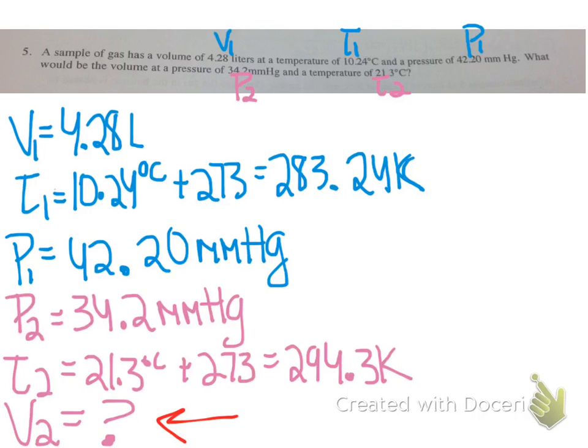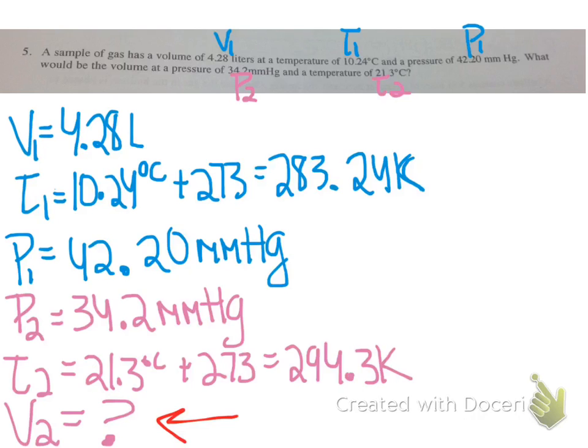So as a result, you'd get 283.24 kelvins. And your pressure 1 for this equation will be 42.2 millimeters of mercury. You don't need to switch it to atm if the units for pressure are consistent throughout the whole equation and problem.